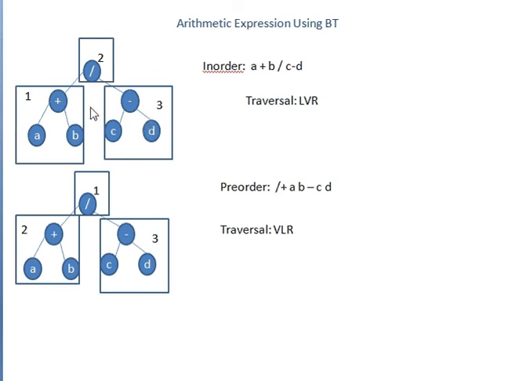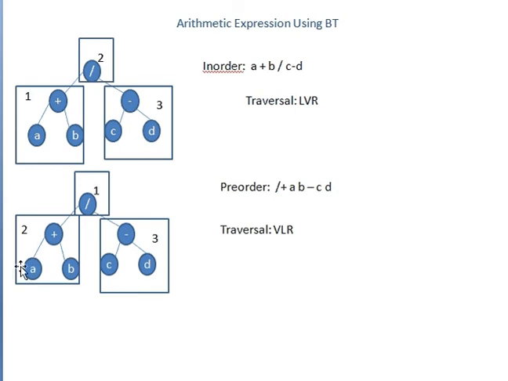Already this was discussed. Next, we will look at the pre-order situation. What will be the expression generated for this binary tree? What is the method? First, give importance to the node. This element should be written first, the node, and recursively you have to follow. So the element in this node comes first, slash you write, followed by the second subtree.